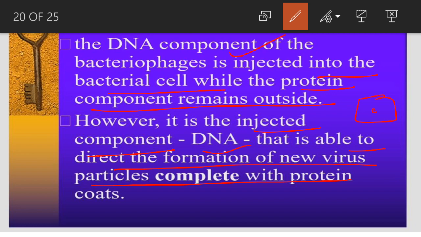That means when the viruses multiply inside the E. coli and the E. coli liberates them, a large number of bacteriophages are released which have labeled DNA, and the protein coat is formed.